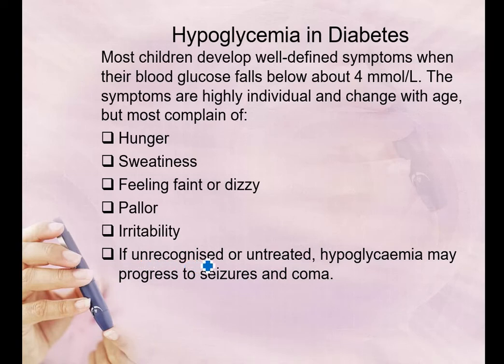If unrecognized or untreated, hypoglycemia may progress to seizure and coma. If the case is unrecognized or treated late, the patient may progress to seizure and enter a deep coma.